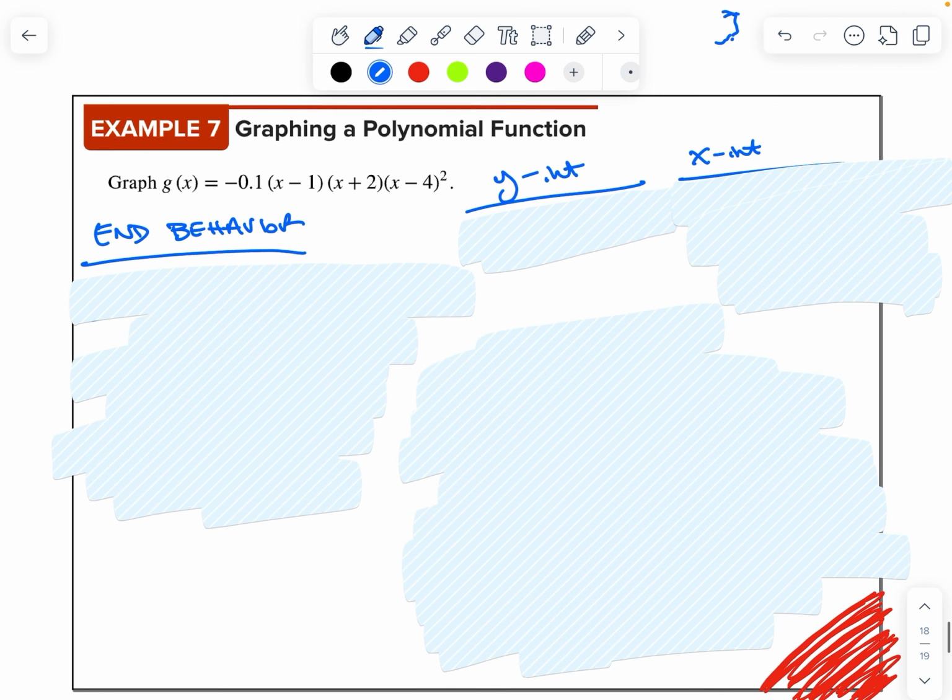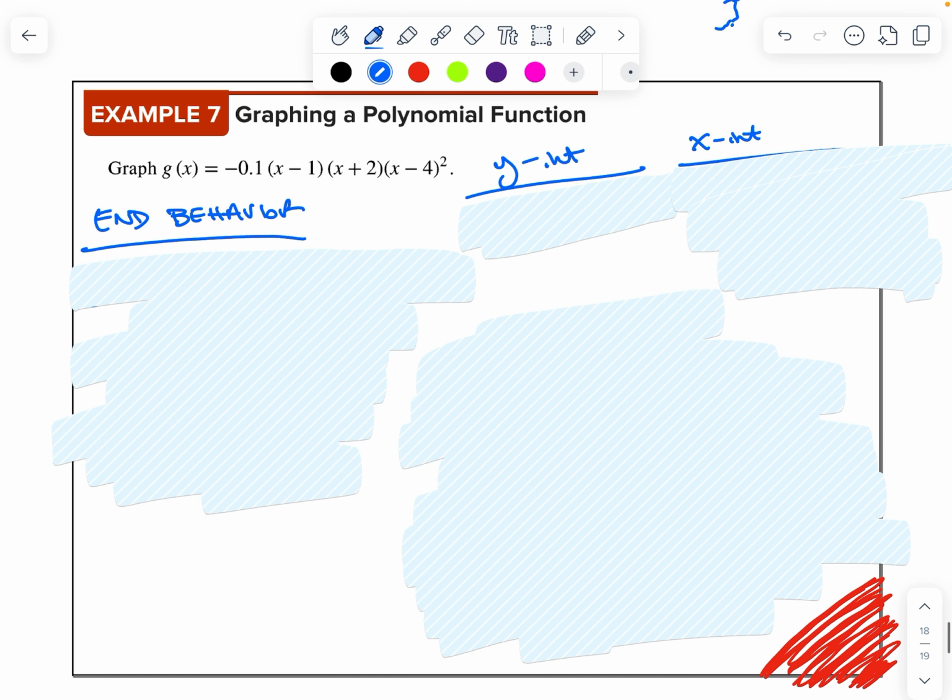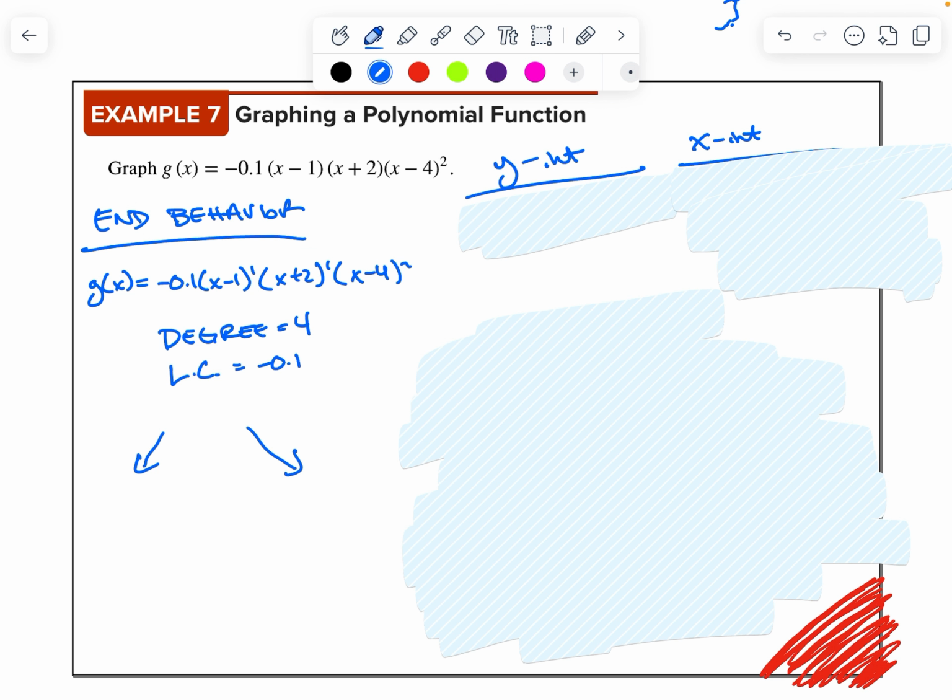Same thing here. Take a minute, pause your video, see if you can solve it. This is the last one. Here's your end behavior. The degree is 4 here. This one's a little bit harder to see, but notice that we have 2 x's there, an x there, and an x there.